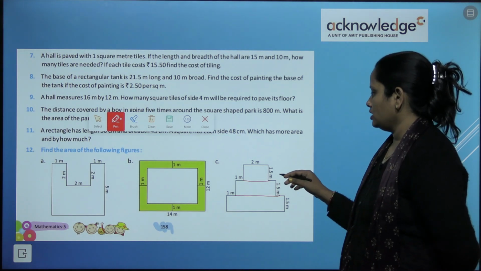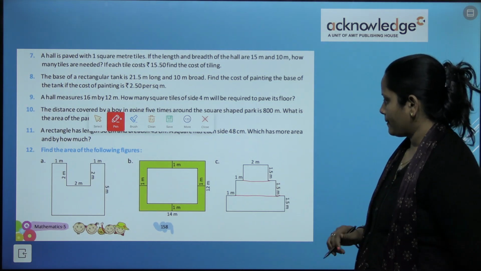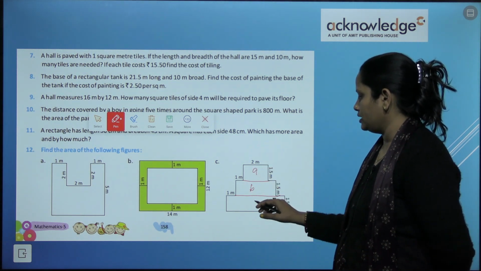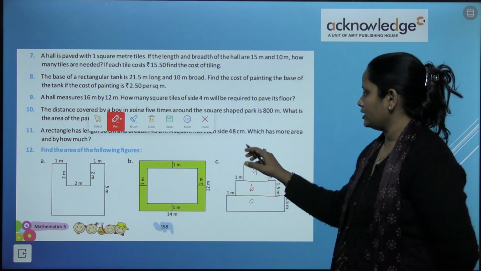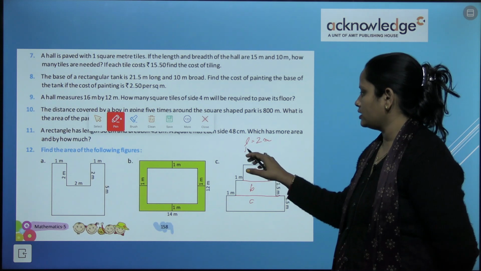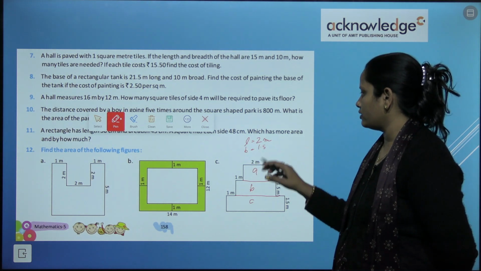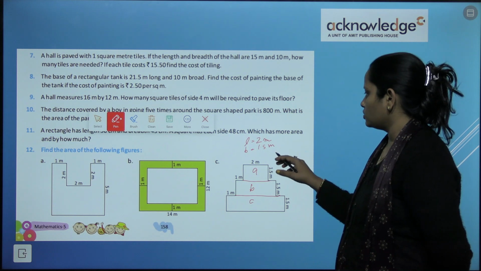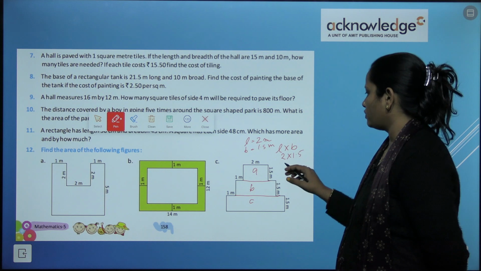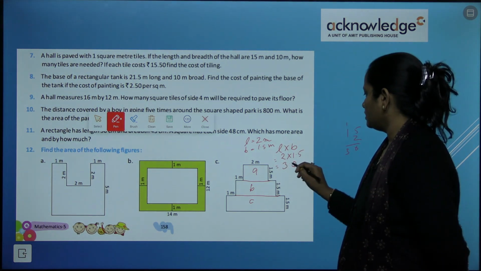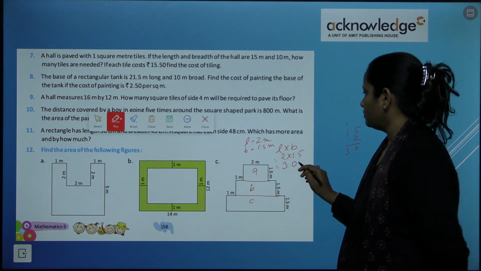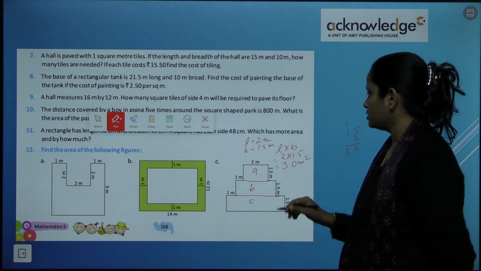So here you can see this first rectangle A, B and C. So for A, the length is 2 meter and the breadth is 1.5 meter. So the formula is length multiply breadth. So 2 multiply 1.5 will be 3.0 meter square.